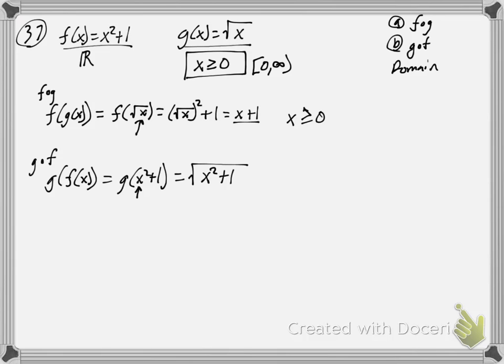And positive plus 1 is still going to be positive. So this entire thing has to be positive. And can you take the square root of a positive number? Sure. So this would be all real numbers once again. So g of f was all real numbers. F of g was numbers greater than 0. And then those top two ones we already did.